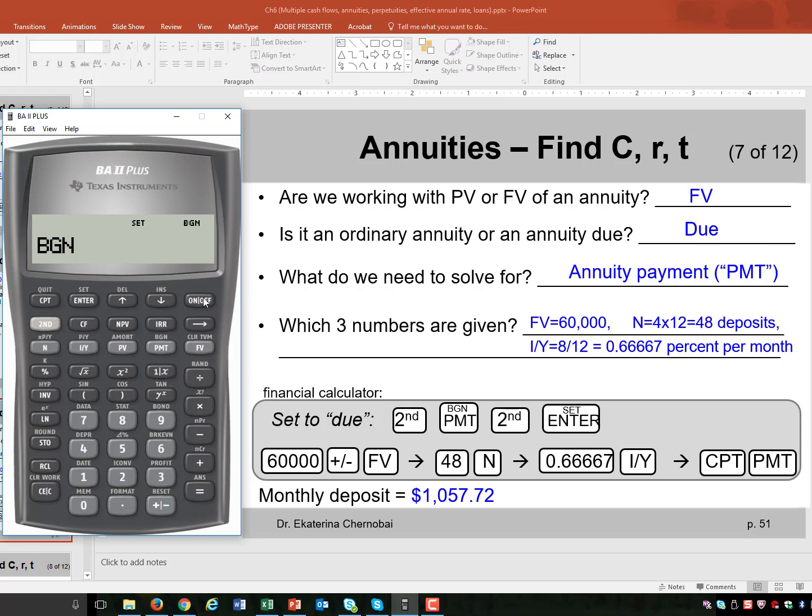And now if you turn the calculator off and back on, first it still remembers that you set it to 4 decimal places, and the second thing you may notice is the small letters BGN on the display, which stands for begin. We are now in the begin mode. And now let's enter the 3 numbers which are given and compute PMT.